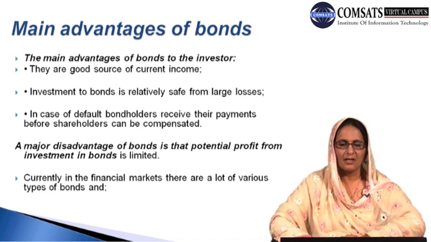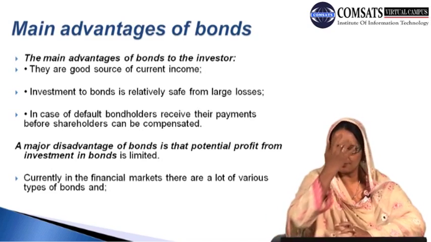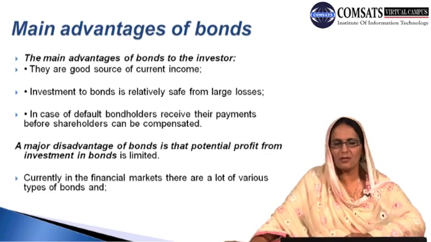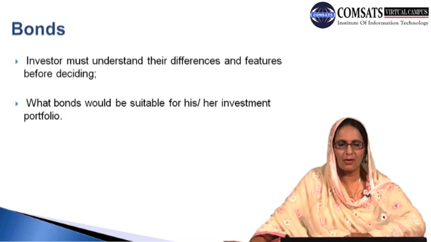Currently in the financial markets there are a lot of various types of bonds. A number of bonds are traded, bought and sold in the financial market nowadays, and investors must understand their differences and features before deciding what bond would be suitable for their investment portfolio.